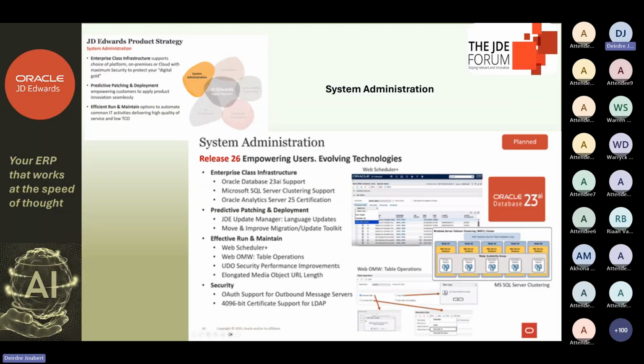Oracle's direction with JD Edwards is clear: to move toward a more autonomous, secure, and cloud-ready architecture, where administrators have full control from a browser, where maintenance is simplified, and where uptime and automation drive business continuity. In the subsequent slides, we'll go through some of the enhancements that have been released and how these will propel us to create a modern and more resilient JD Edwards platform.